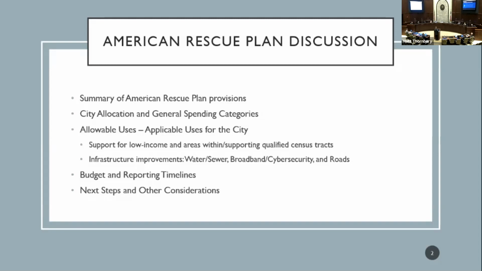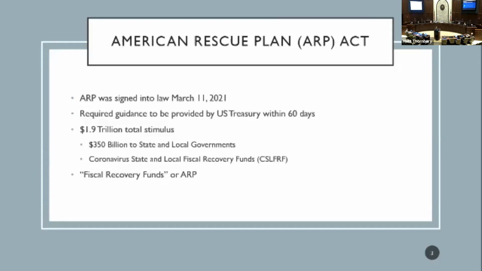other considerations. The American Rescue Plan was signed into law March 11th. From there, the Treasury had 60 days to provide guidelines for the recipient cities, states, counties, and other members to be able to start then acting on those funds.